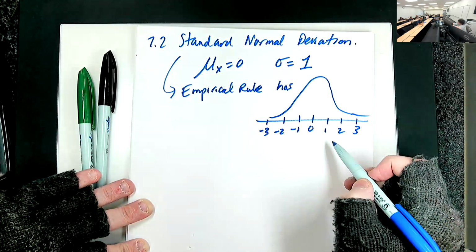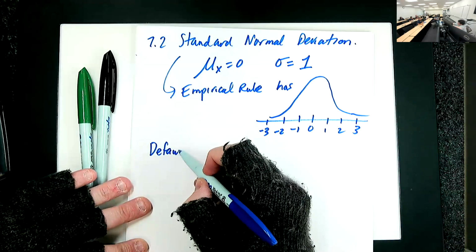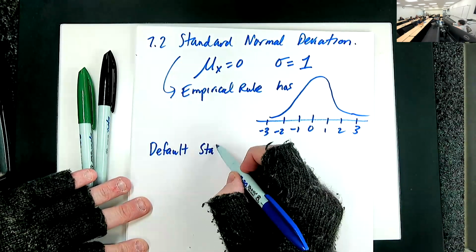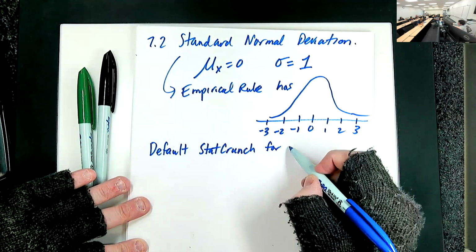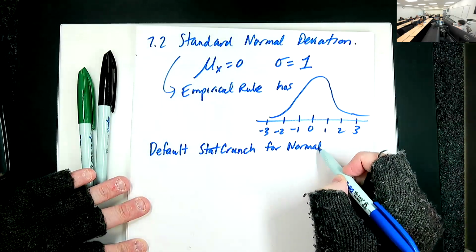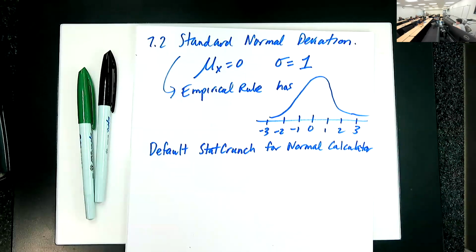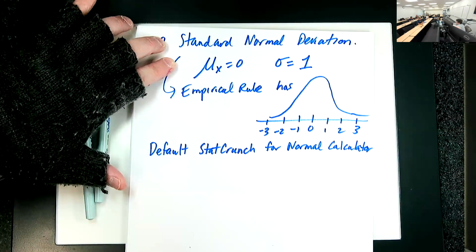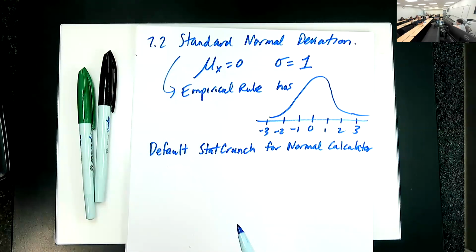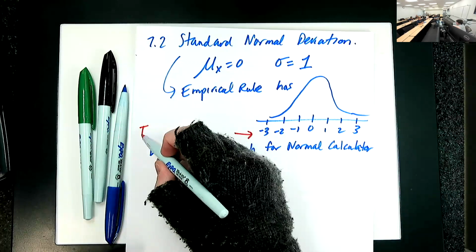The standard normal deviation, which is the default StatCrunch setting for the normal calculator, has that mean of 0 and standard deviation of 1. These represent z-scores. These are z-scores.